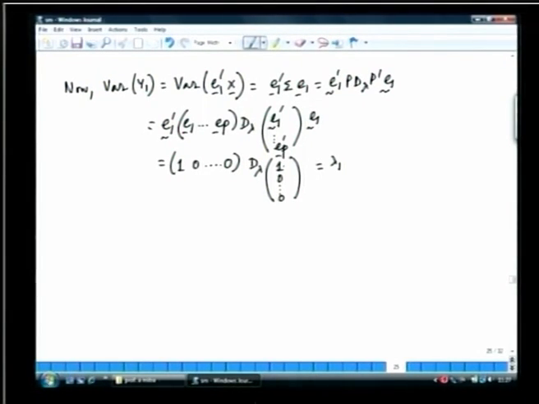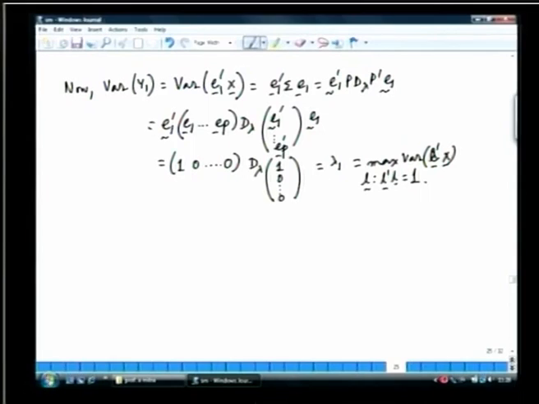So that is essentially 1 times D lambda, which is lambda 1, which is equal to the maximum of variance L prime x, maximum over L such that L prime L is equal to 1. This is actually equal to the maximum variance which we have seen just now.